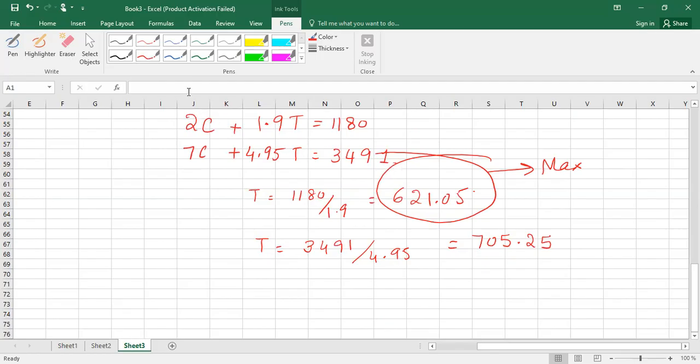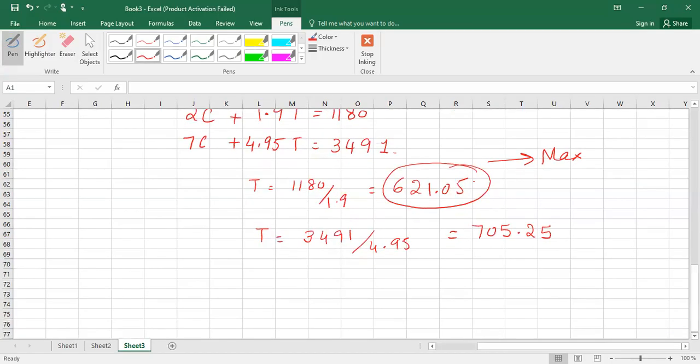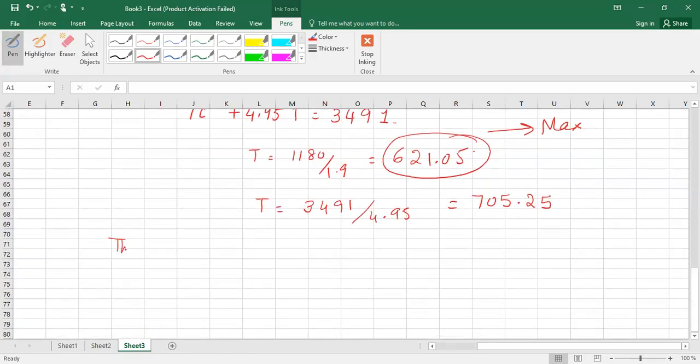But suppose we have maximum contribution from the simultaneous equation, then definitely this additional resource will also contribute towards the maximum contribution. But right now we can say there is no use of one additional square feet of wood.